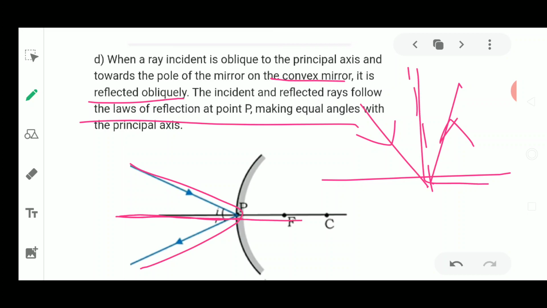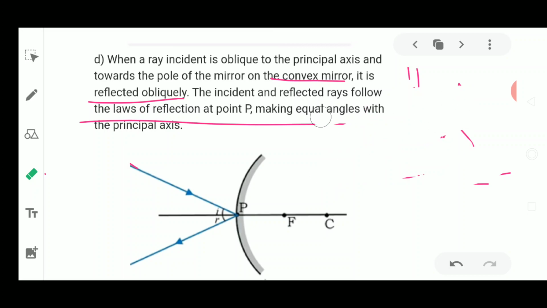Similarly, this is going to be the axis of reflection, and this line is going to work as the normal for the incident and the reflected rays. Okay, so that is why the angle will remain the same. Angle I and angle R will remain the same, so they will be equal. Whatever the angle of incidence, the same will be the angle of reflection. So this is how the convex mirror follows the rules to form images.